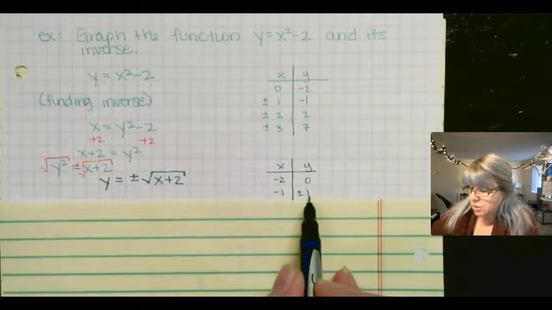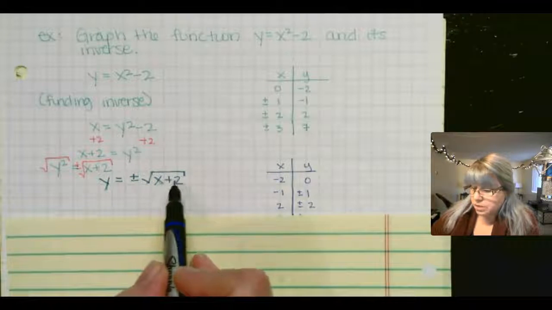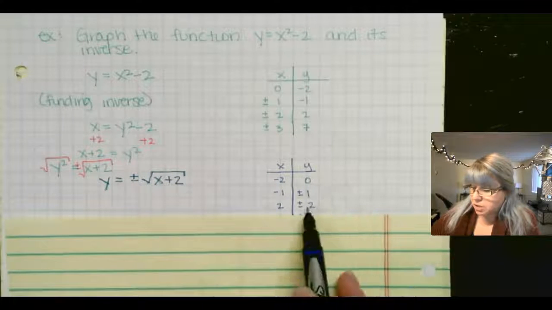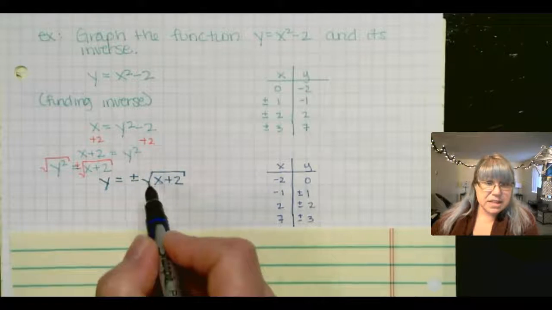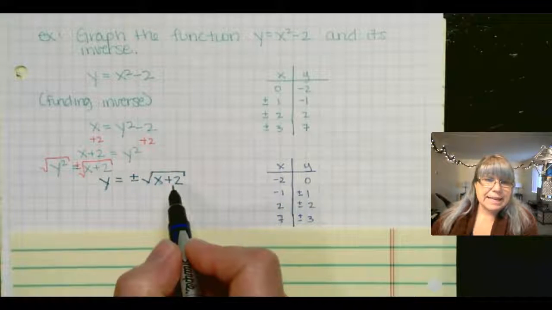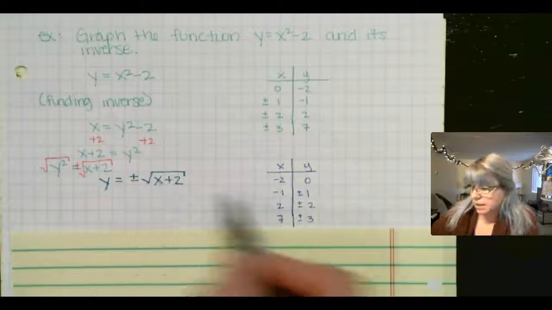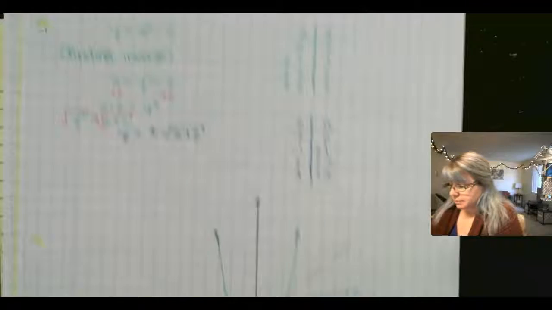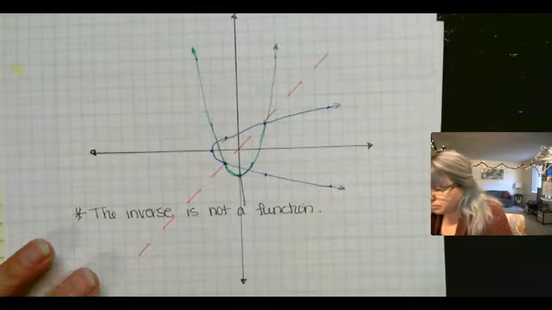So I get plus or minus 1. 2. 2 plus 2 is 4. The square root of 4 is 2, so it's plus or minus 2. And then I'm going to select 7, because 7 plus 2 is 9, and the square root of 9 is 3, so it's plus or minus 3. When I graph these, here's what I get.